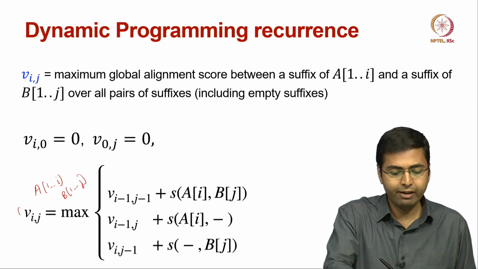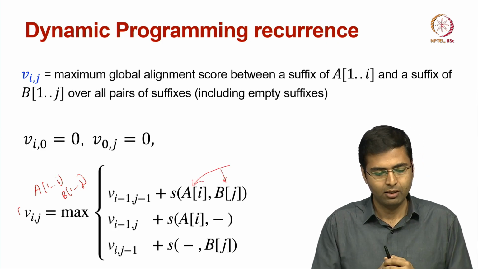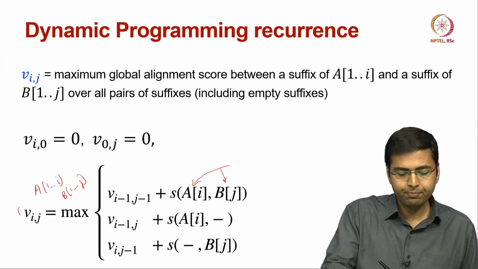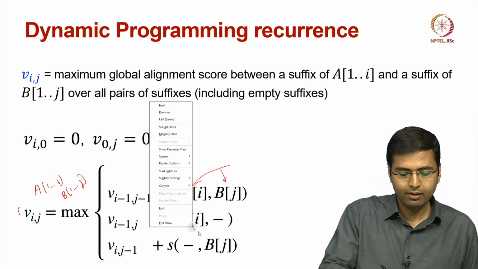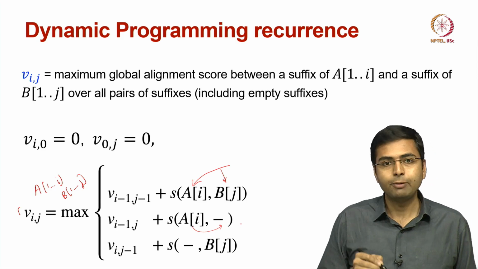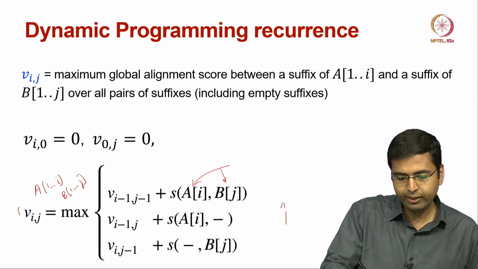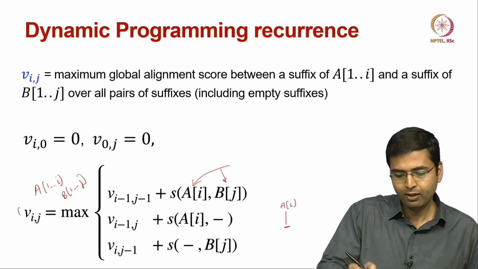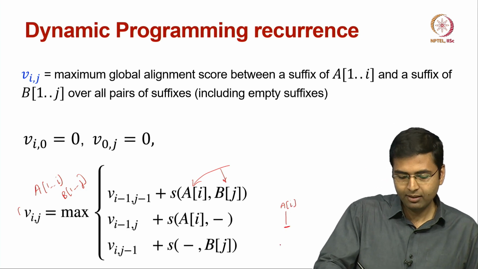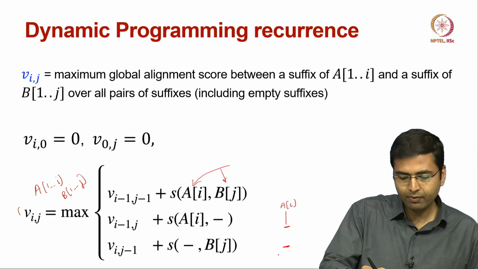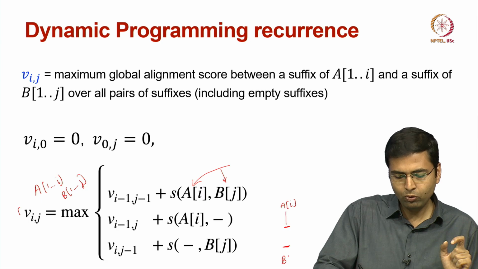Either it can end with a match or mismatch of two characters from A and B, or it can end with an alignment of the ith character of A to a space symbol, or the third possibility is that the alignment ends with the alignment of a space symbol to Bj.